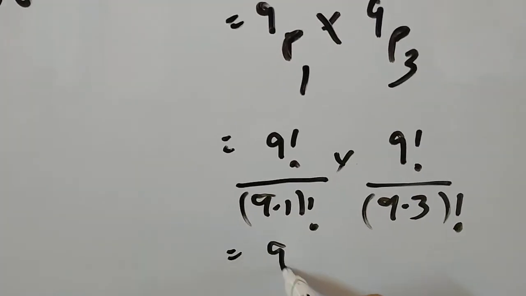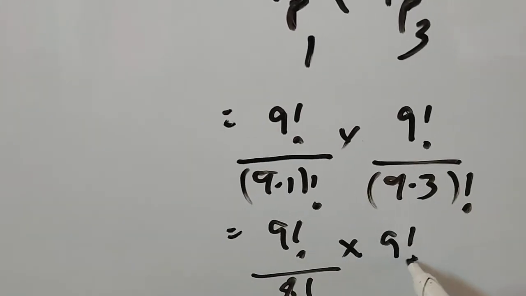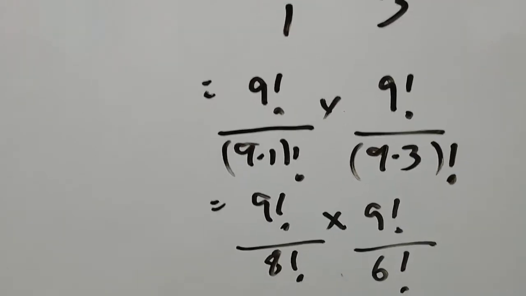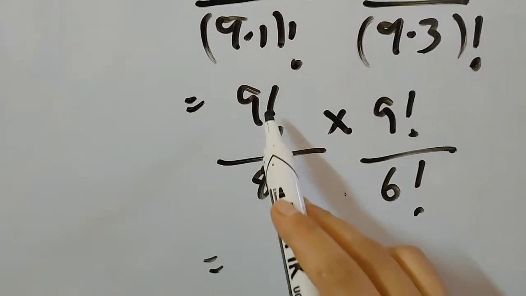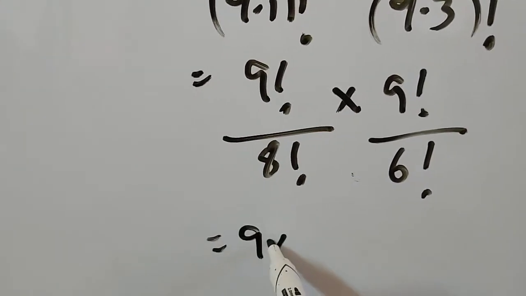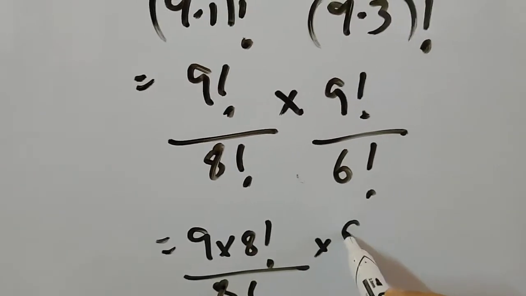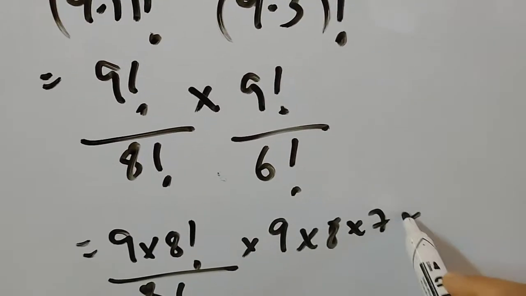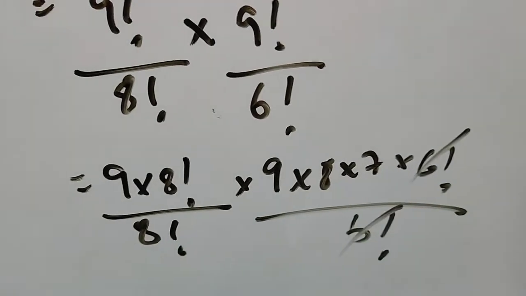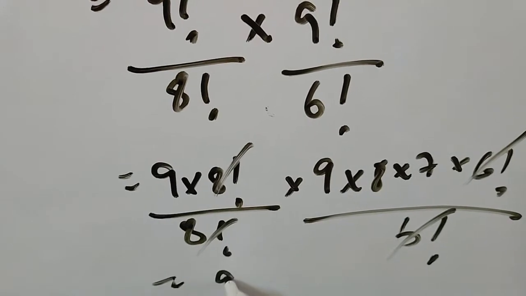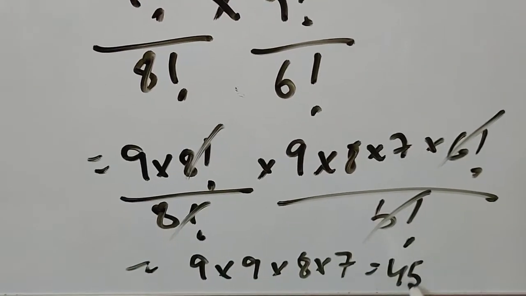So you will get 9 factorial by 8 factorial into 9 factorial by 6 factorial. Once you solve the factorials, I can express 9 factorial as 9 into 8 factorial, and 9 factorial as 9 into 8 into 7 into 6. I will stop there so that I can reduce this. So I will be left with 9 into 9 into 8 into 7.